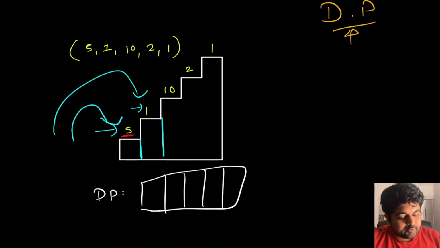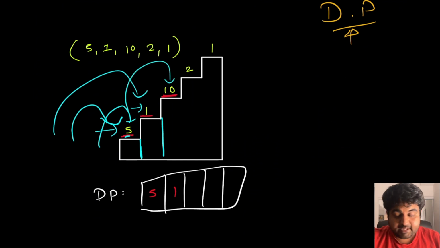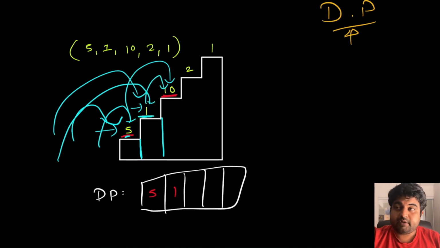And we know for sure the minimum cost is always going to be these two values for the first two entries, because we can either take one jump or two jumps. So let's just mark these two. But now when we come to this position, we have two options. Either we take one jump at this step number 5 and then two jumps directly to step number 3, or we take one jump directly to this step number 1 and then take one jump over here.